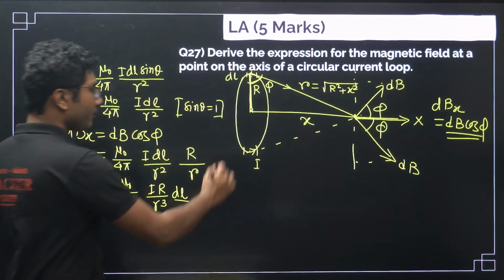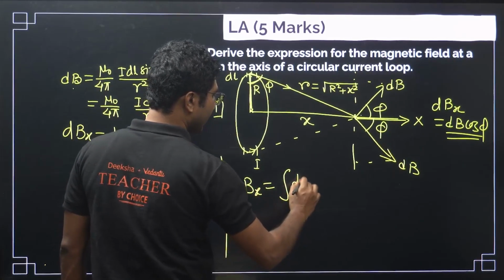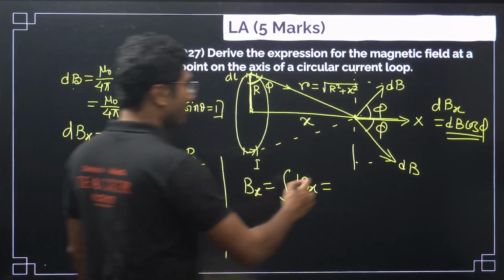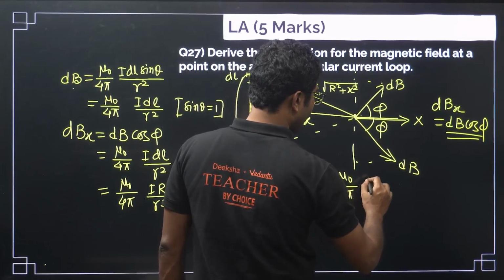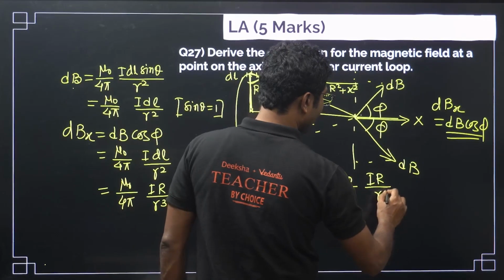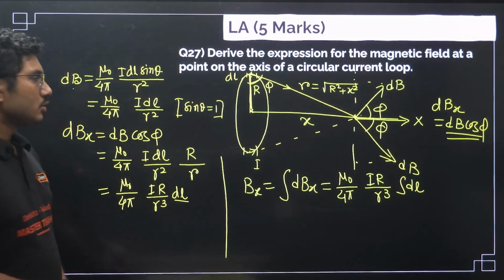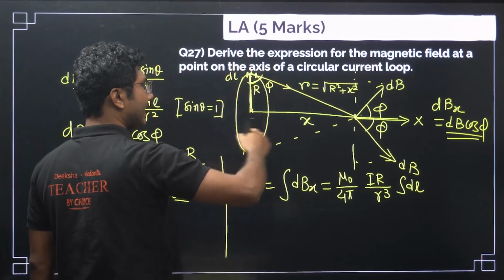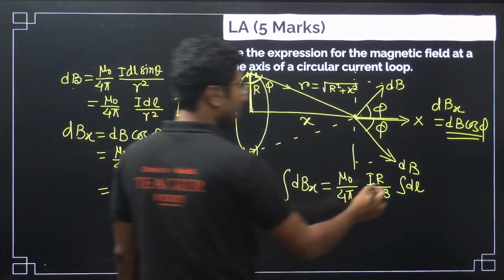So, when we find the total Bx, which is the integration of dBx, these constant terms will come out of the integration: mu naught by 4 pi, I r by r cube, integral dl. What is integral dl? Again, dl is the small portion, so integral dl means the entire addition of all the small portions, which is the circumference of the circle, right.